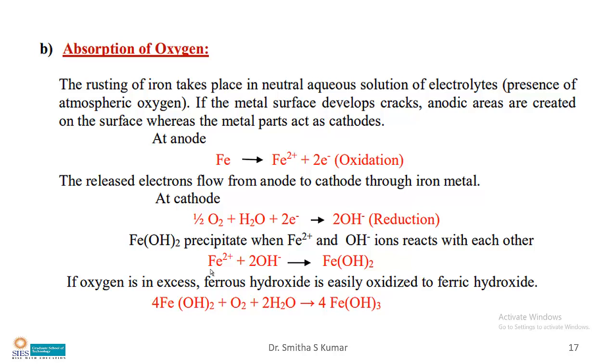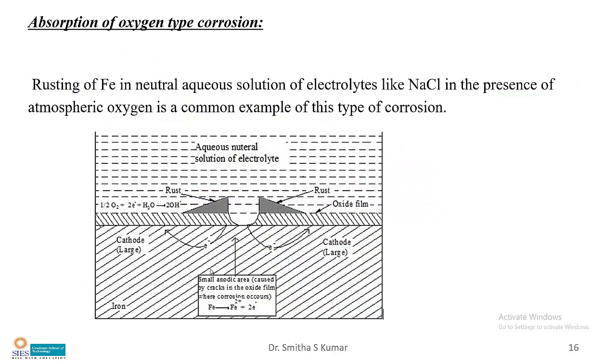If supply of oxygen is limited, corrosion product is black rust of anhydrous magnetite Fe3O4. Corrosion product is formed near the cathode because smaller Fe2+ ions diffuse more rapidly than the larger OH- ions. So corrosion occurs at anode but rust is deposited at cathode.